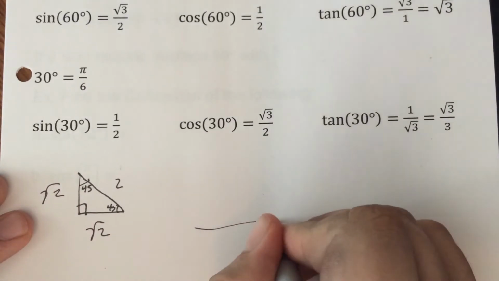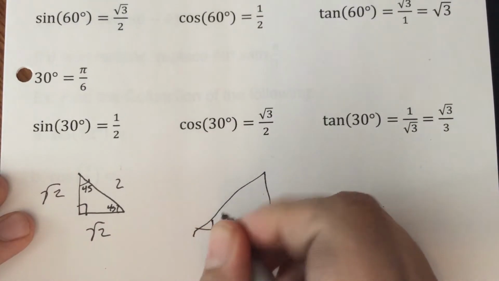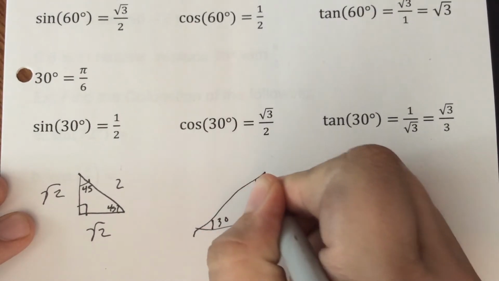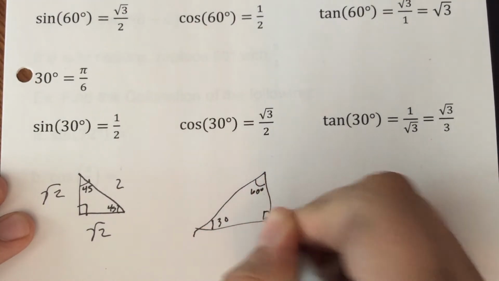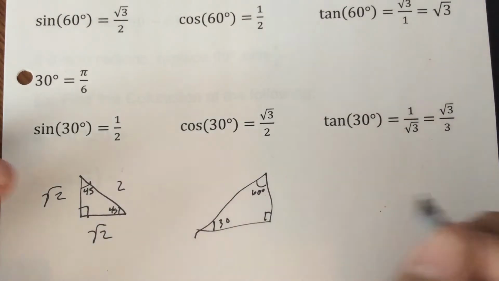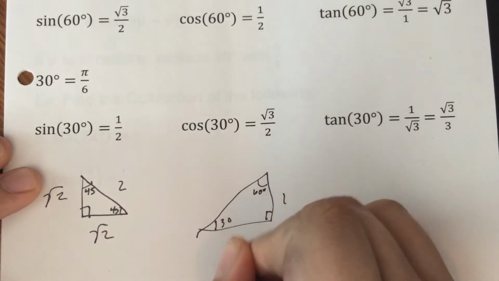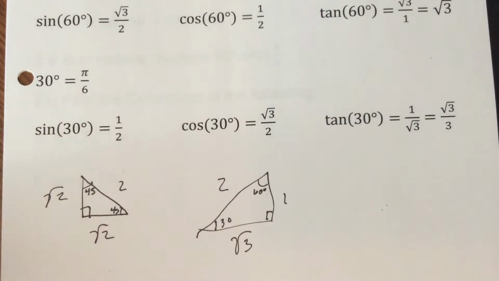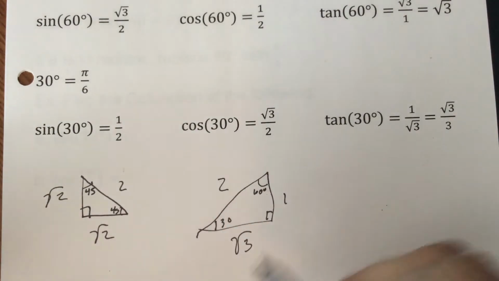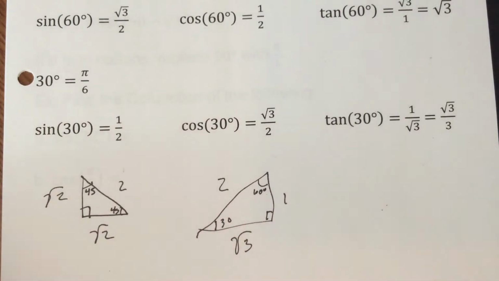And then your 30, 60, 90, is 1, square root of 3, and then 2. That's how those are all coming. That's the ratio of the sides, how they'd match up.